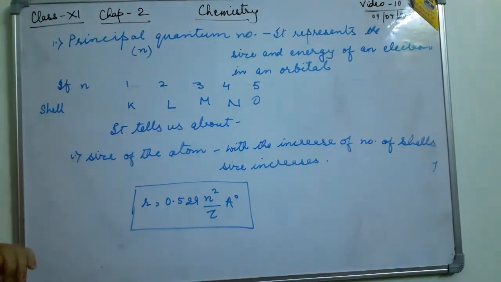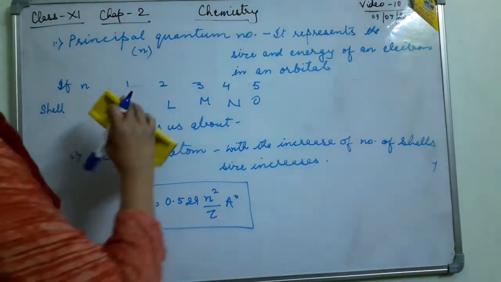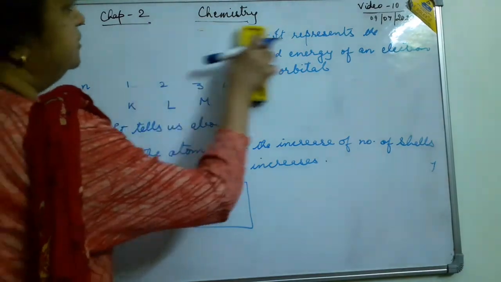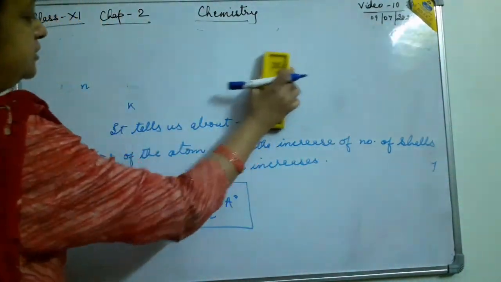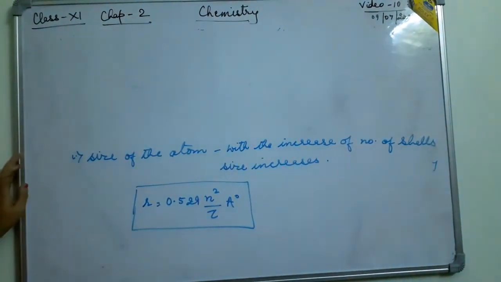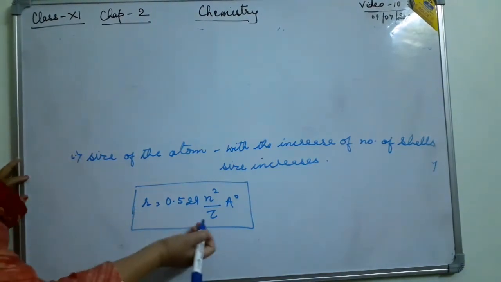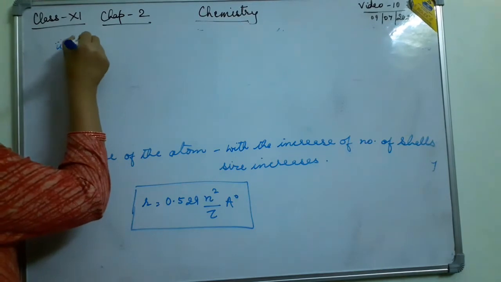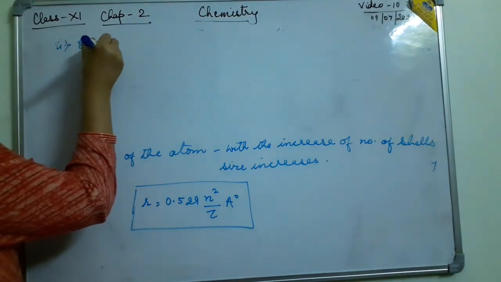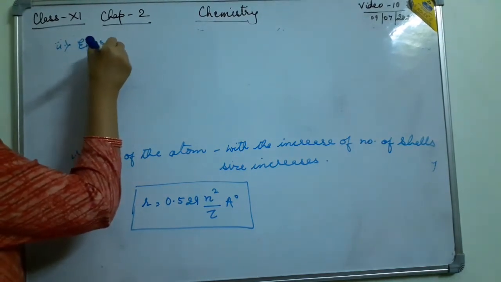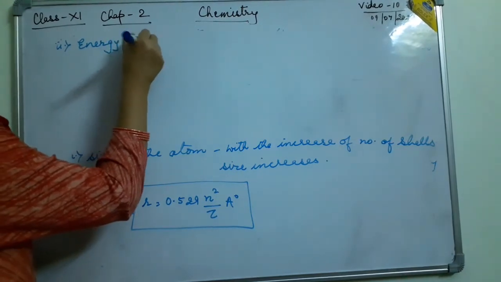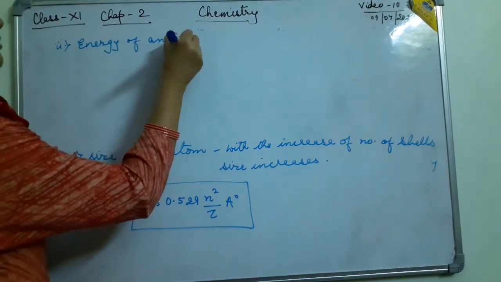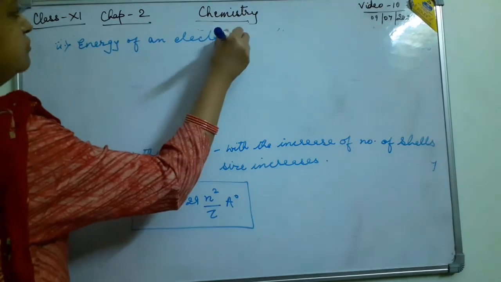Second thing, we can calculate the energy of an electron by the principal quantum number. You know the calculation of energy, and in it we use this n. It tells us about the energy of an electron.